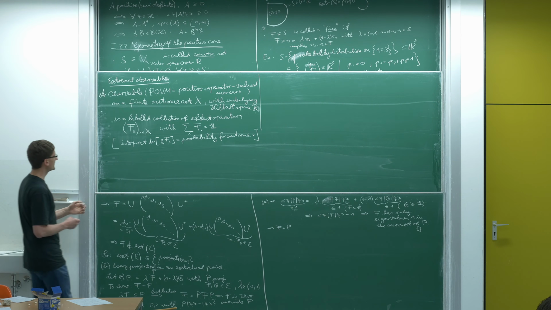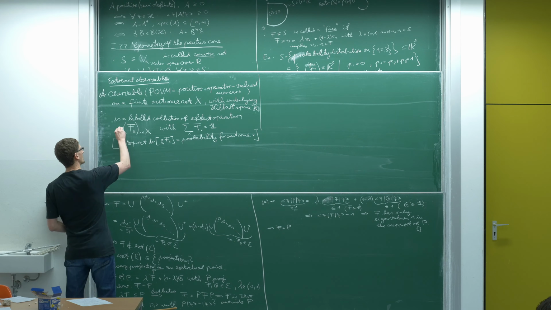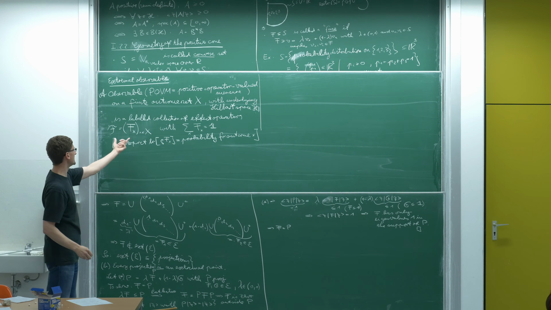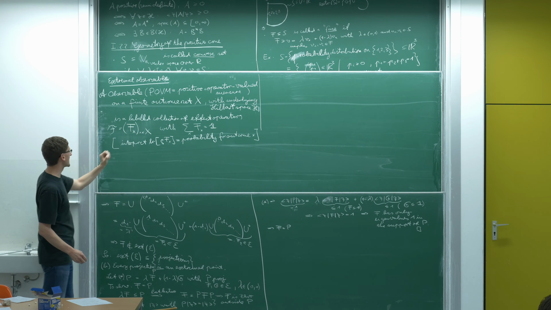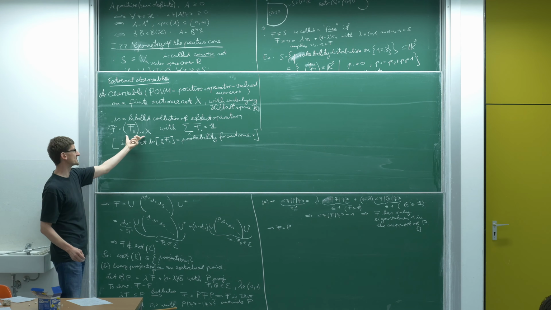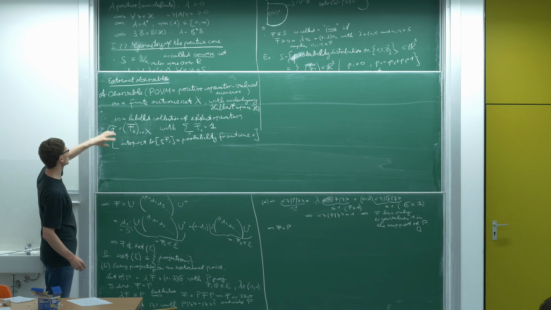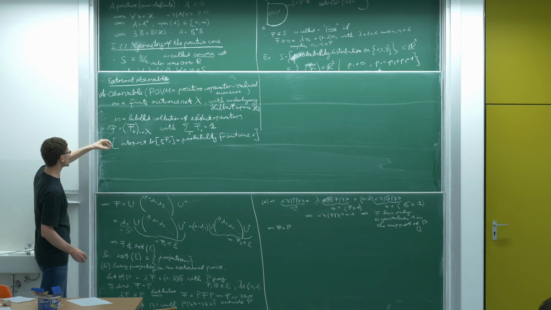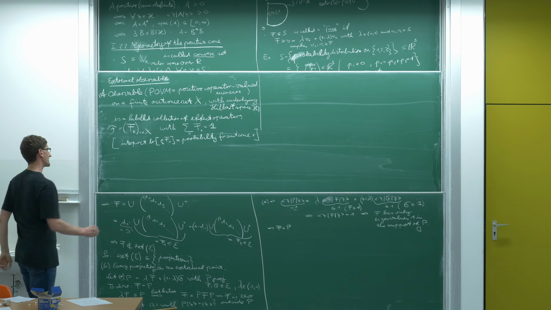A POVM, let's call it curly F, is a labeled collection of operators, and one can view this as elements of a linear space. What I want to show is that the set of POVMs with a given outcome set is a convex set.